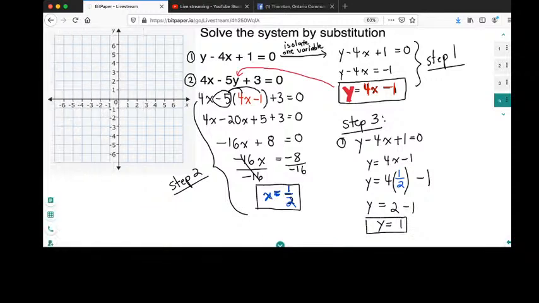Okay. So our final answer for this question is that the solution to this system is (1/2, 1).